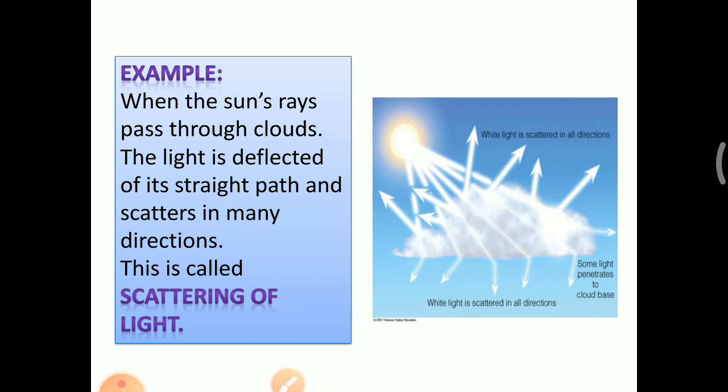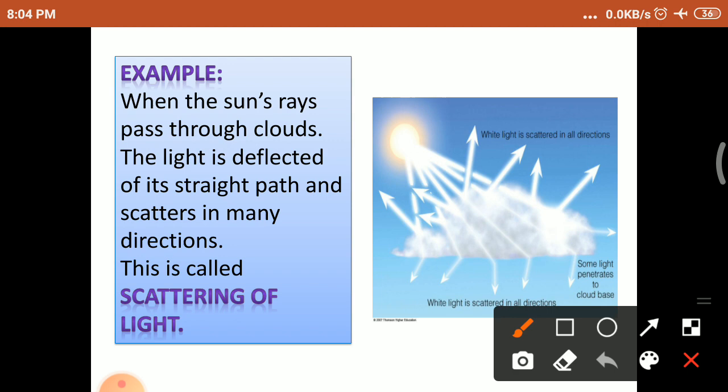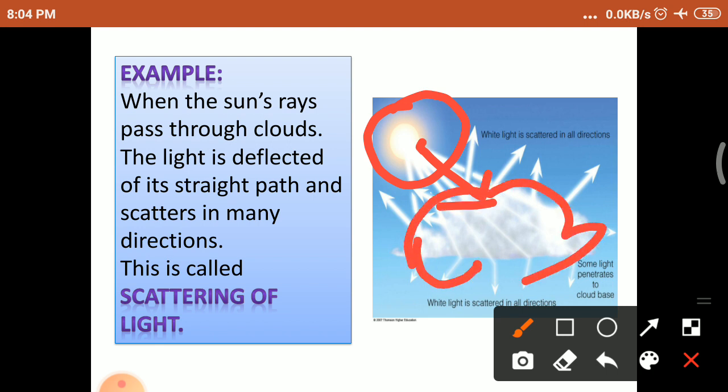Look at this image. Here the sun's rays pass through the clouds, and the light is deflected from its straight path and scattered in many directions. This phenomenon is called scattering of light. This is the sun. The sunlight enters the clouds, and here the cloud acts as an object.